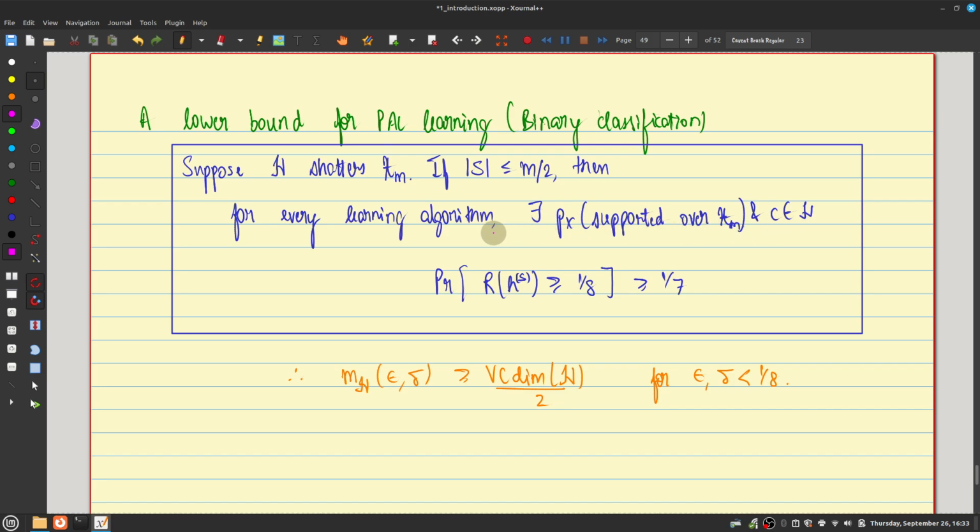So the no free lunch theorem says that for every learning algorithm, there is some bad distribution and some bad concept for which, with probability at least 1 by 7, the learning algorithm achieves a generalization error which is larger than 1/8.